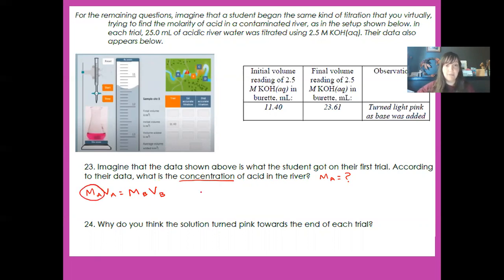That means we need numbers for all of the other three. So MA times, let's see, what's VA? Volume of the acid. Here it is, 25 milliliters of acidic river water. All right, what's MB, molarity of the base? Here it is, 2.5 molar potassium hydroxide.